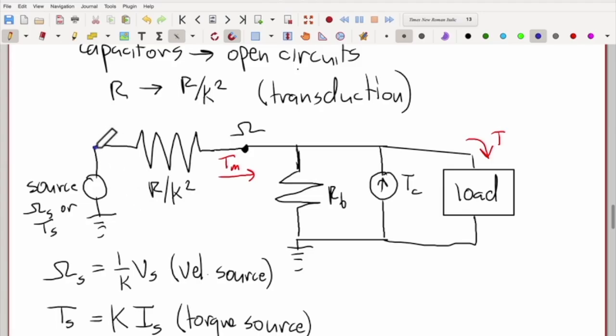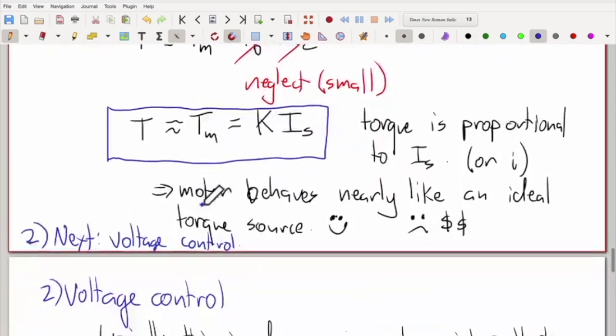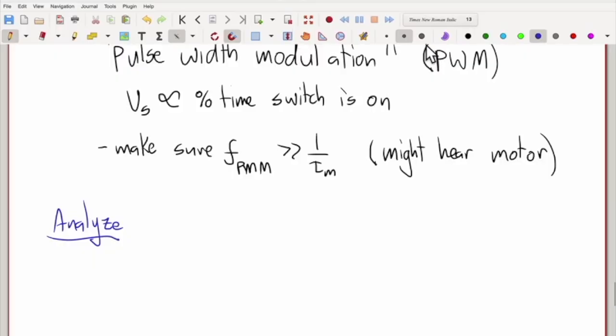So this we know is omega s, and what's the drop across here? Well, it is the product of the torque going through this resistance times this resistance. That's like the voltage drop across a resistor being the current times the resistance. So let's write that down in equation form. So, loop equation.